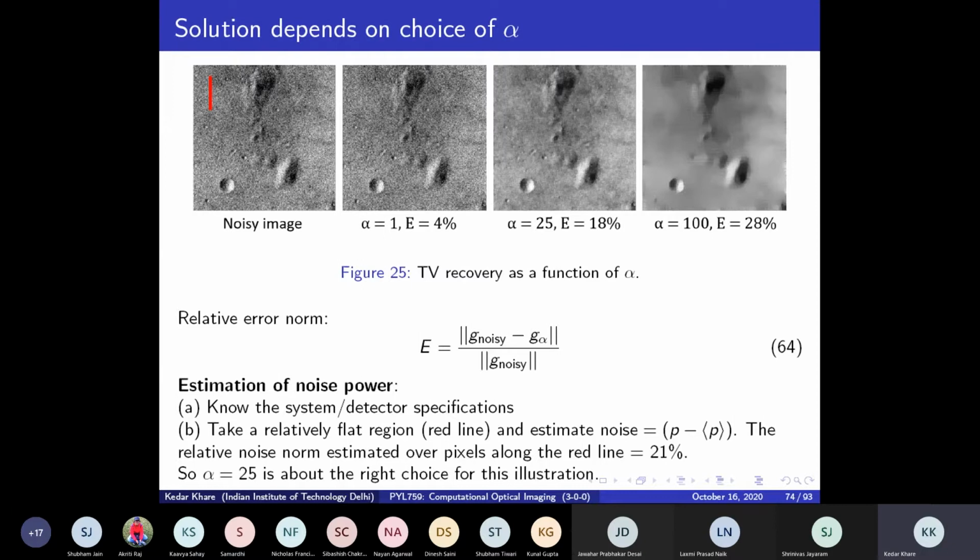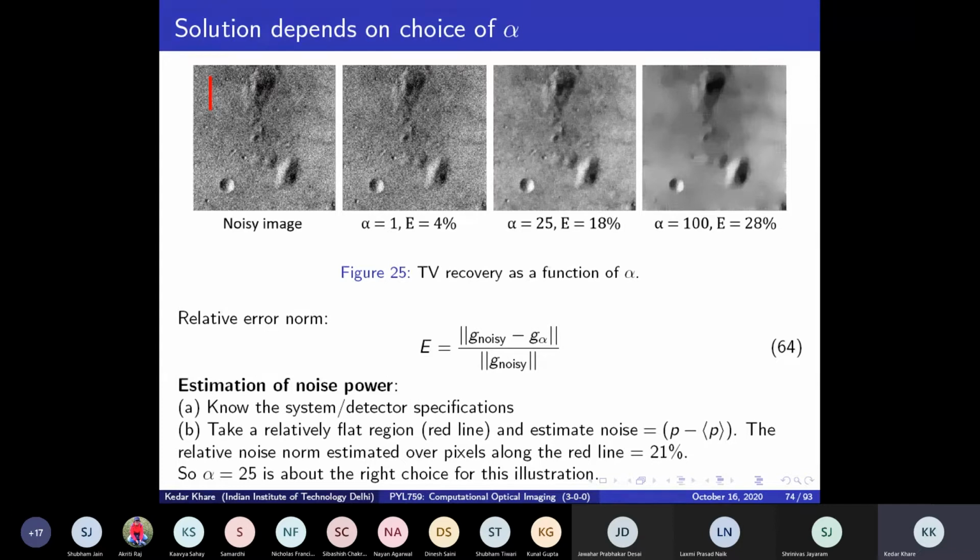So if I get a solution for a particular alpha for which the error between my noisy image and the G alpha solution is within the noise of my detection process or other noises in the physical problem, then I will say that that value is probably appropriate.